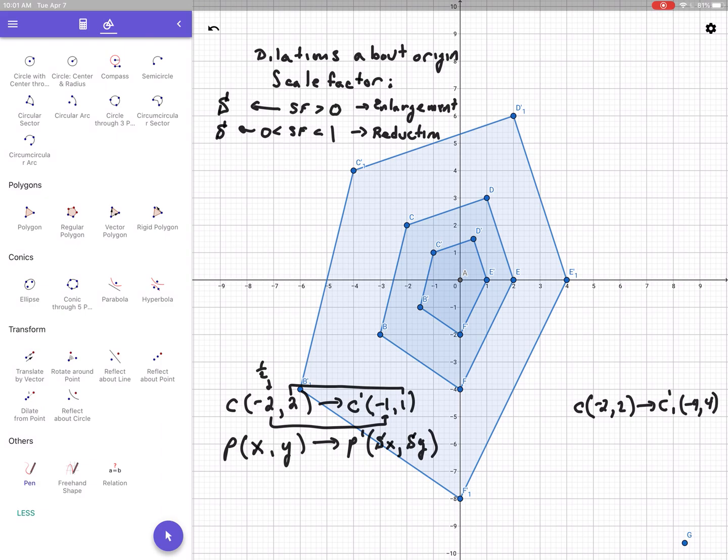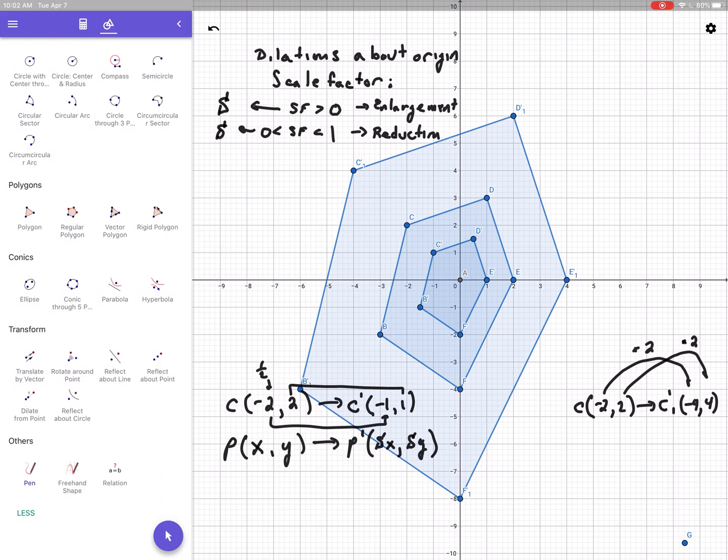So you see all we did was we took the first one and multiplied it by 2, and we took the second one and we multiplied it by 2. You guys okay? And hopefully that gives you an understanding of dilations about the origin in a little more detail.